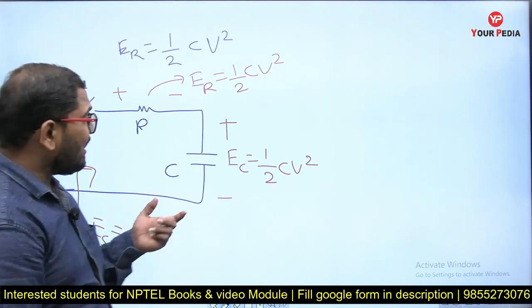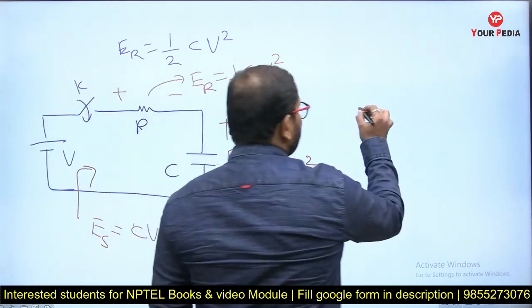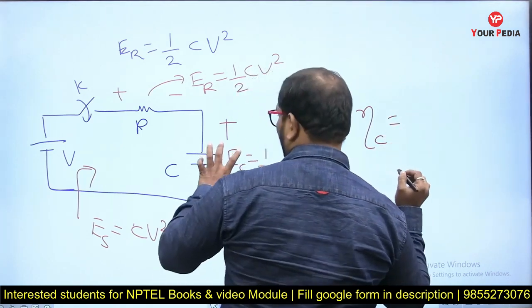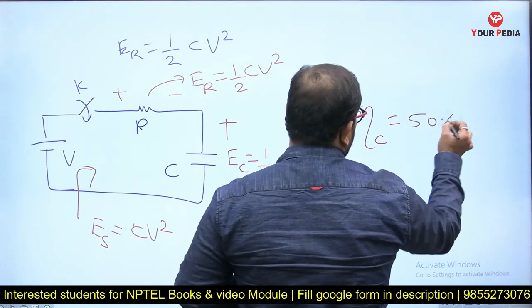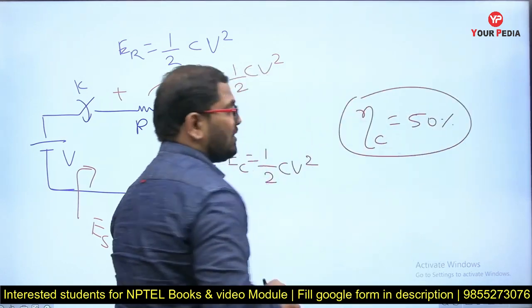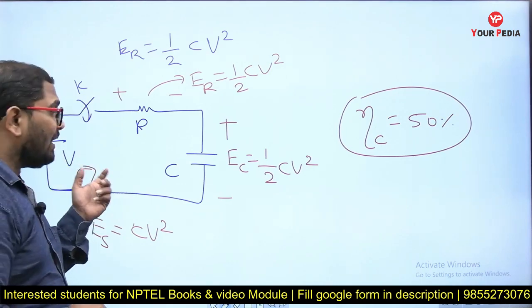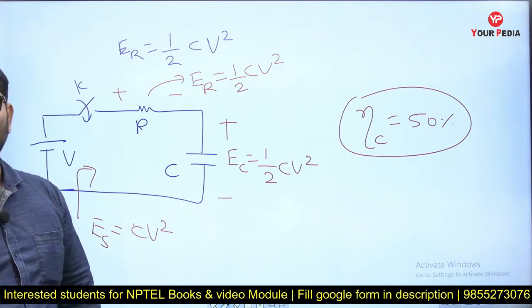What is the efficiency of energy transfer for the capacitor? Efficiency is output energy to input energy, which is 50%. So this RC circuit operates at only 50% efficiency.